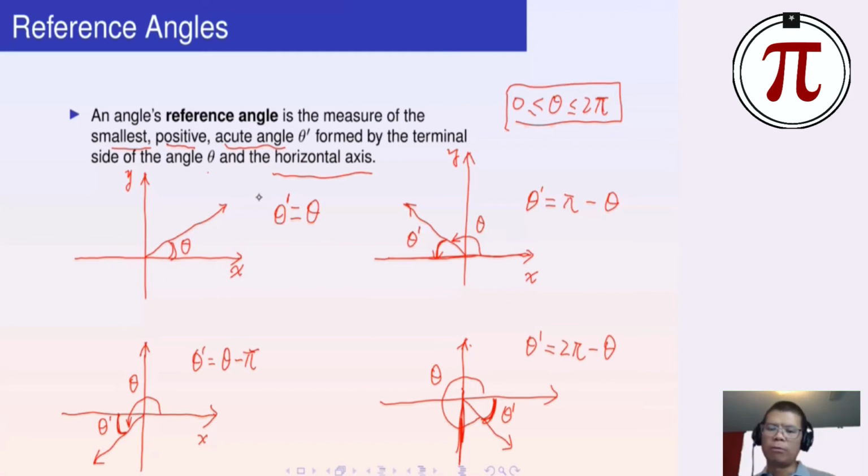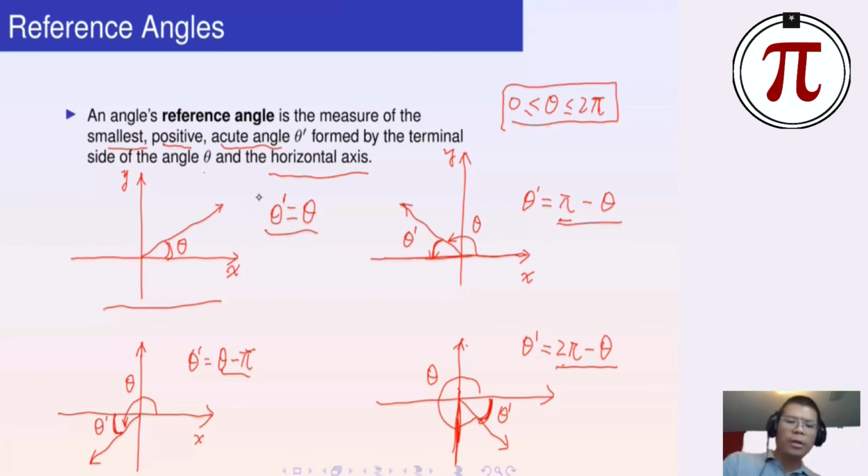For theta between 0 and 2 pi: in the first quadrant, they're equal; in the second, pi minus theta; third, theta minus pi; and the fourth is 2 pi minus theta. Of course, we are doing this using radians. If you are using degrees, then pi will be 180 and 2 pi will be 360 degrees.